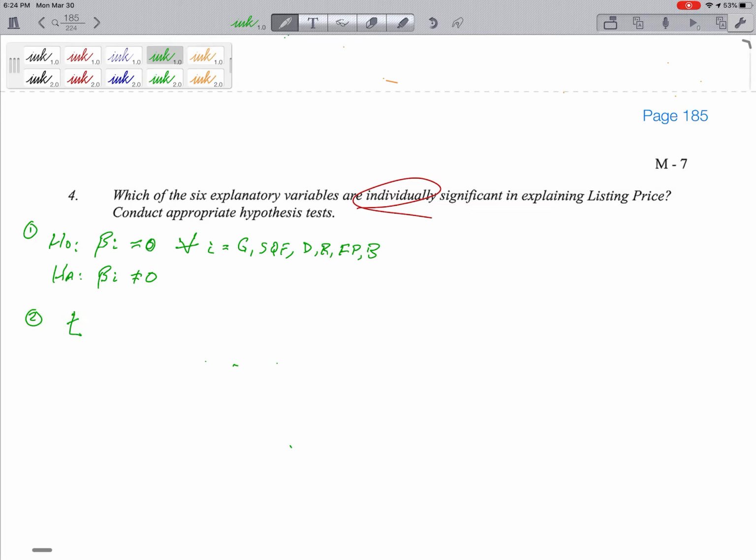Step number 2 is that this is a t star formula, is equal to the beta sub i value, where i is garages, square footage, etc., over its s of beta i value. And then let's take a look at a critical region here. So here's a t.